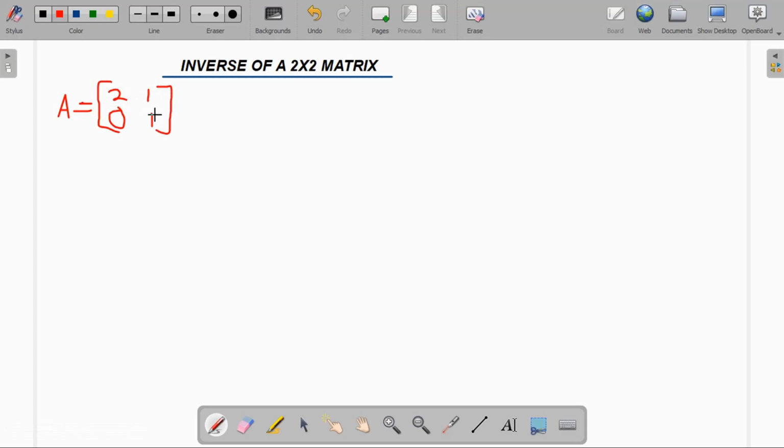And then they can say find A inverse. So this A to the power -1 simply stands for the inverse. The superscript of -1 is denoted by the inverse.